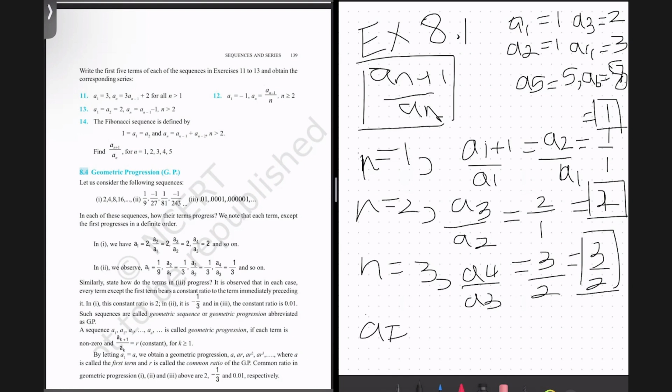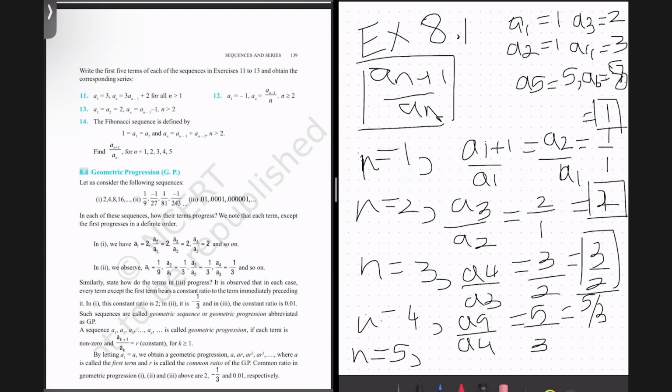For n equals 4, I have a of 5 divided by a of 4, and that is nothing but 5 divided by 3, which would be 5 by 3. Correct. For n equals 5, I have a of 6 upon a of 5.